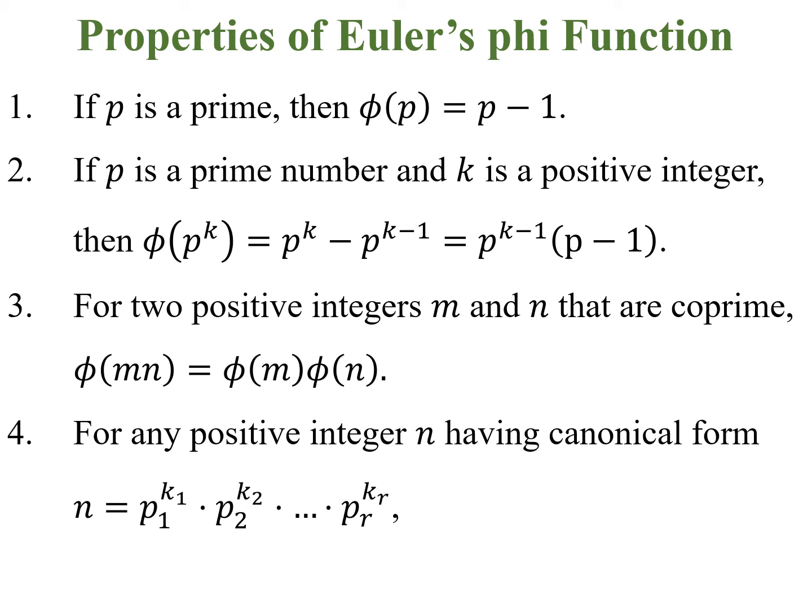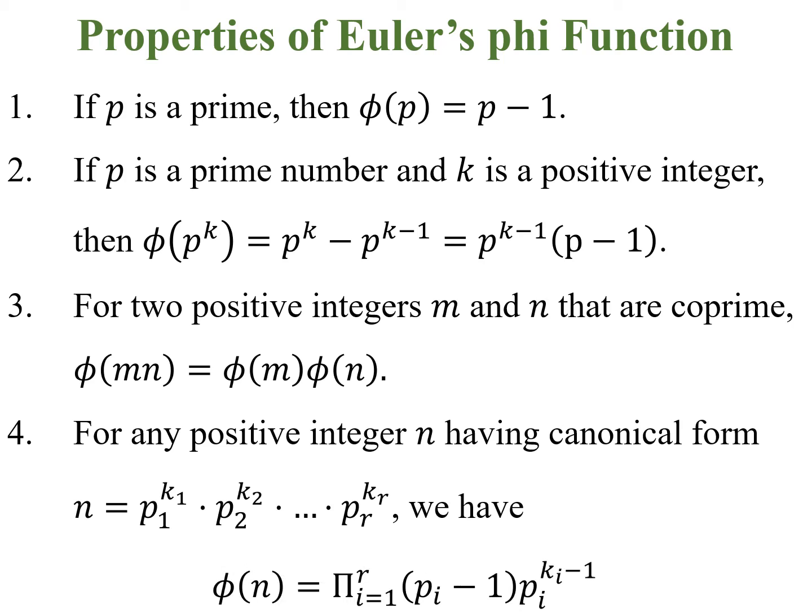In this case, phi of n is obtained as the product of pi minus 1 into pi raised to ki minus 1, where i is from 1 to r. That means p1 raised to k1 minus 1 into bracket p1 minus 1 into p2 raised to k2 minus 1 into bracket p2 minus 1, like this.